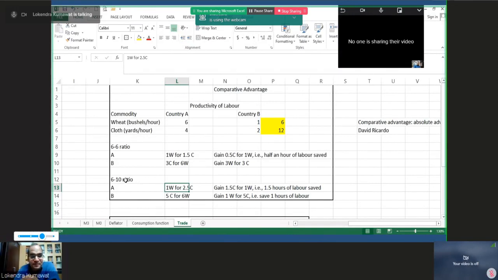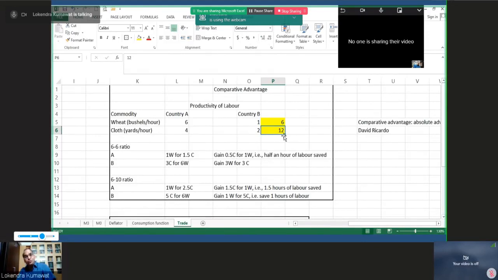As long as 6 units of wheat are being traded against somewhere between 4 to 12 units of cloth, the trade will be gainful to the two countries. And the closer this amount of cloth is to 4, the more gainful it will be to country B. We have seen here the gain to country B is 3 hours worth of wheat, and for A it is only half an hour worth of cloth.